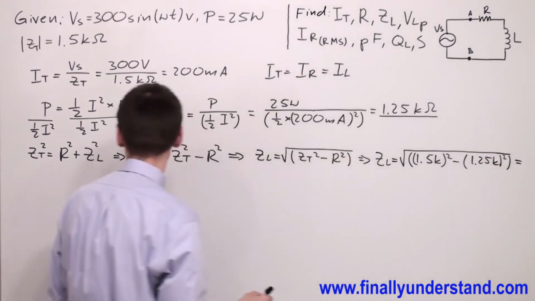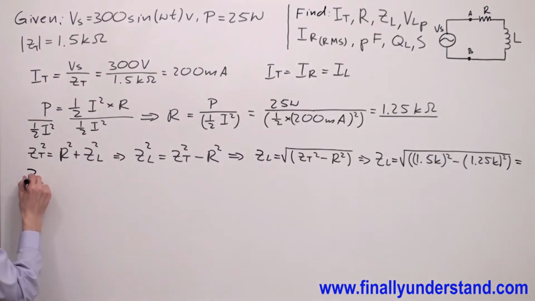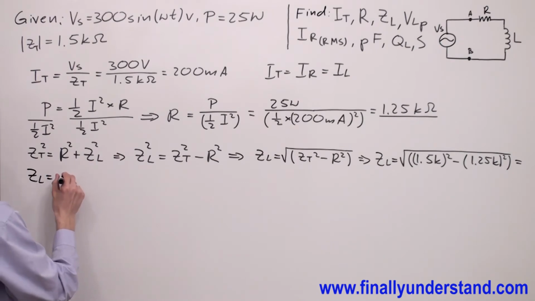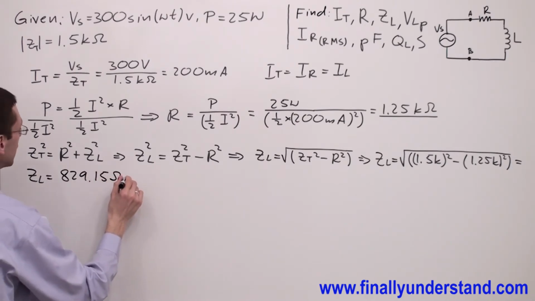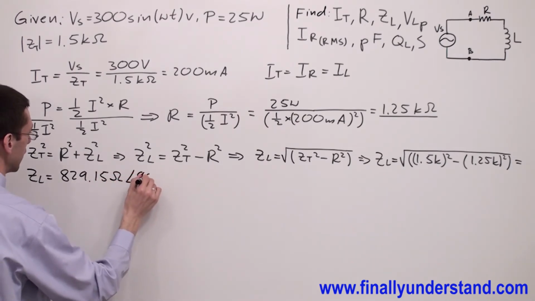This is equal to ZL of 829.15 ohms and angle of 90 degrees.